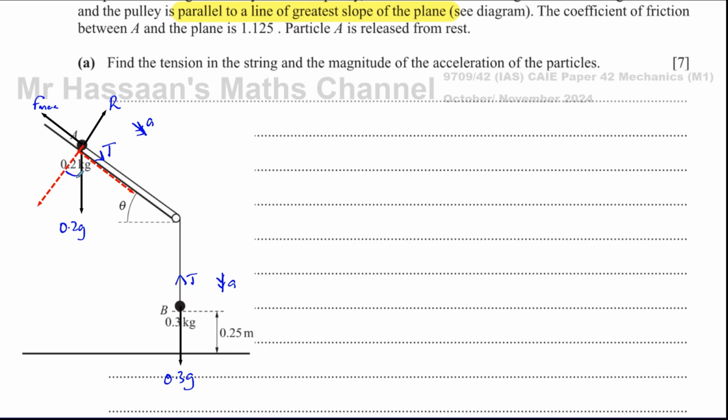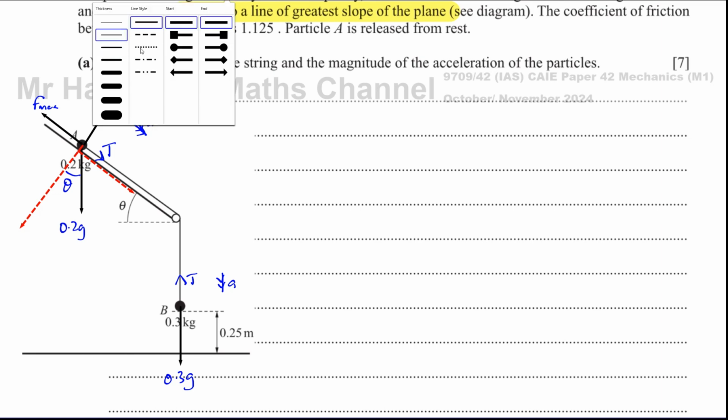If this angle here is theta, this angle here will also be theta, and this can be understood from the concept of similar triangles, which I've gone through in another video as well. Basically, this small triangle here and this big triangle here are similar triangles.